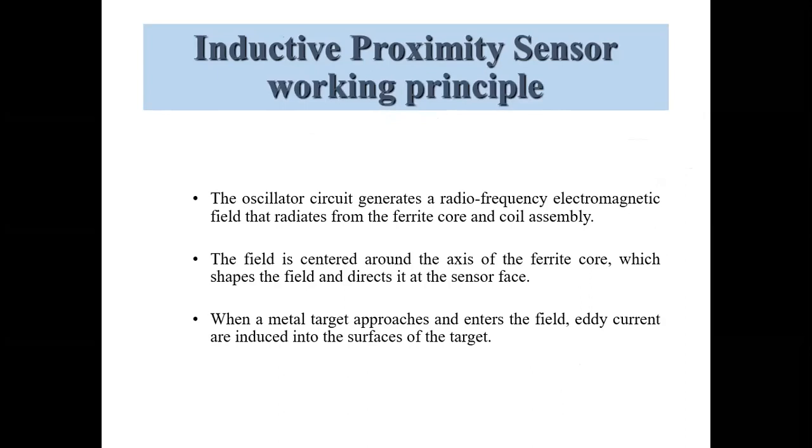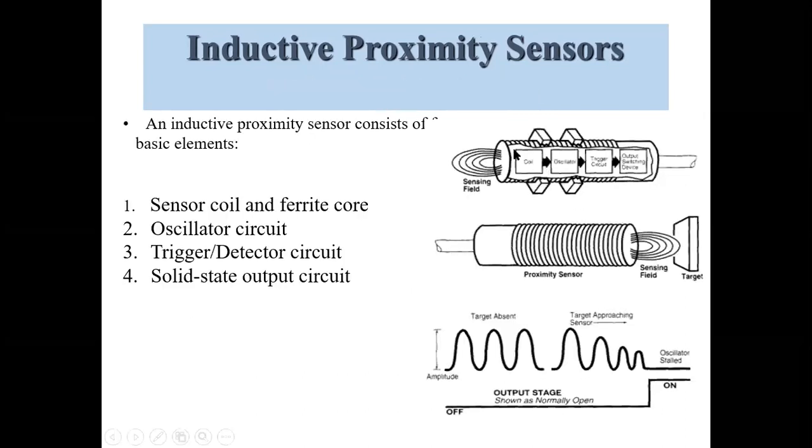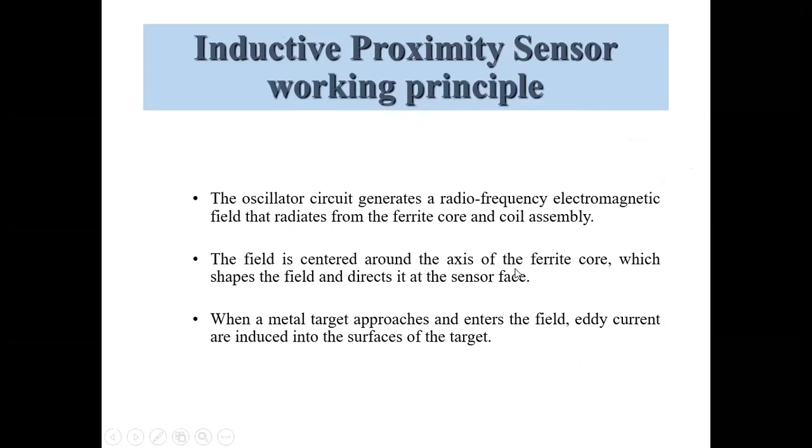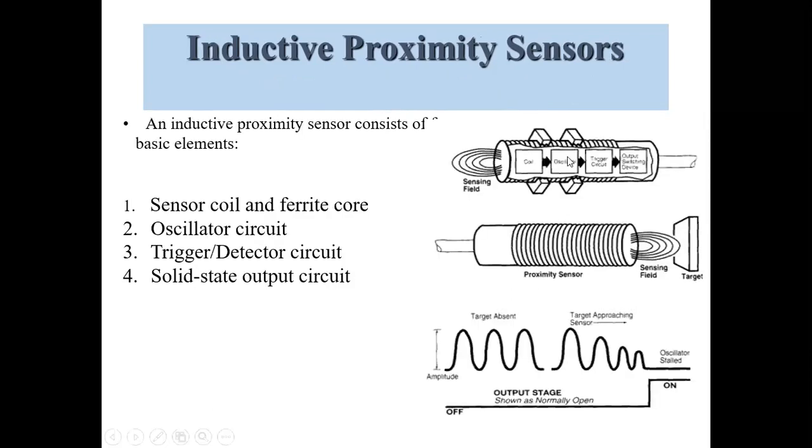The oscillator circuit generates a radio frequency electromagnetic field which radiates from the Faraday coil or coil assembly. You can see this is the sensing field in the figure, which is generated by the sensing oscillator circuit or coil. This radio frequency electromagnetic field is centered around the axis of the Faraday coil core.